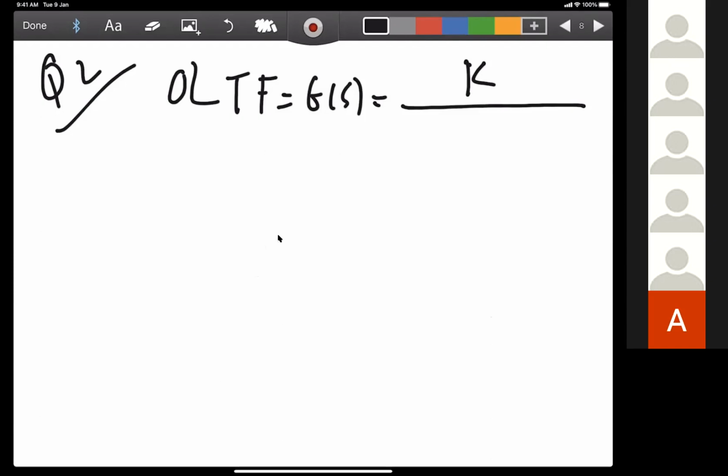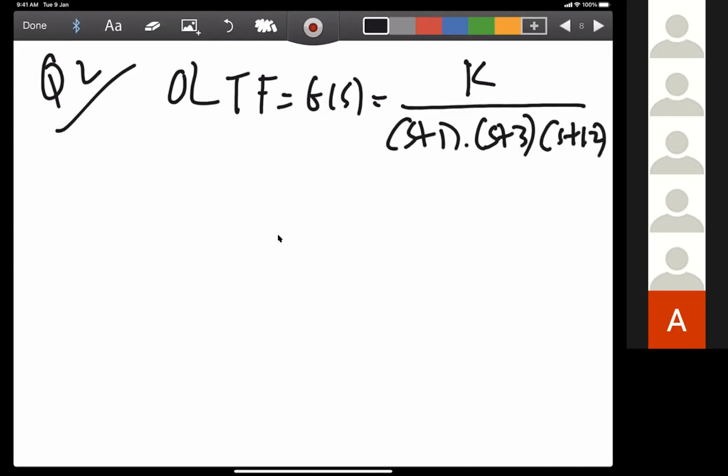Zoom in. Looking at the graph, 1 centimeter equals 2, so it should be 1. The second pole, I think it's 3. -3. And the third pole, -12.